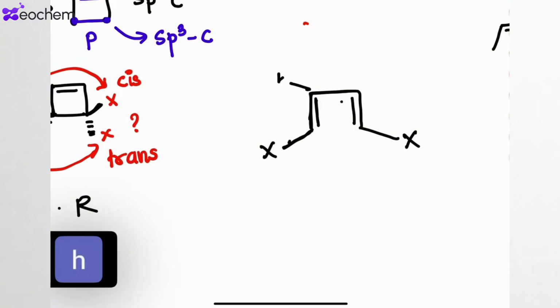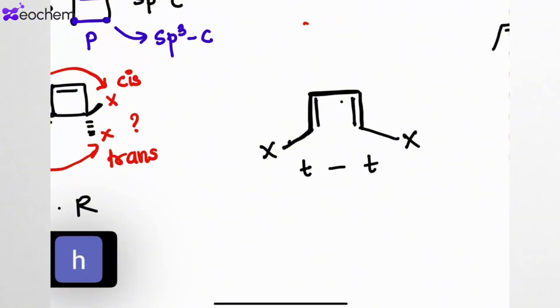Here it is hydrogen. Normally you will not mention hydrogen during the reactions. So here one bond is towards this side and the other is kind of opposite. So this bond is trans. And look at this bond. Here also one bond is through here, one bond is through here. So this is also trans. So both bonds are trans.